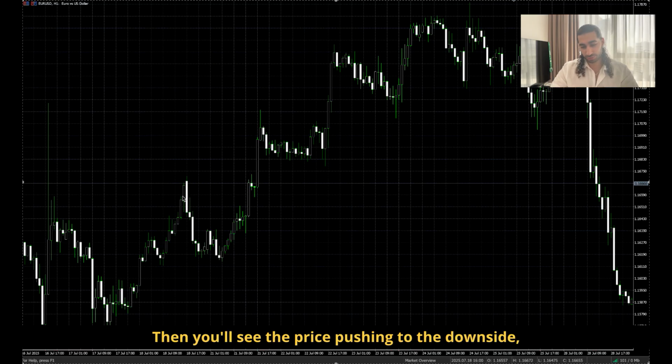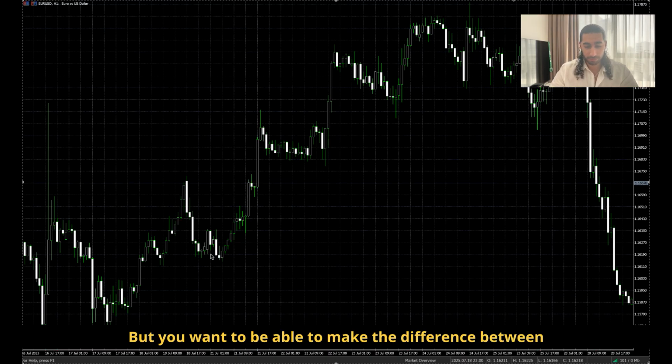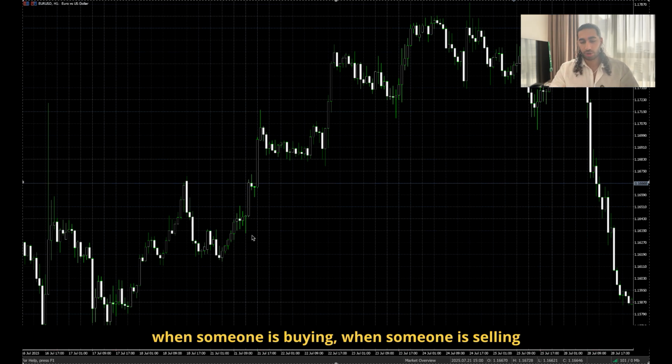Then you'll see the price pushing to the downside and you'll tell yourself, oh, that's a seller. It's pretty straightforward, right? But you want to be able to make the difference between when someone is buying, when someone is selling, and when someone is just getting out of their trades.